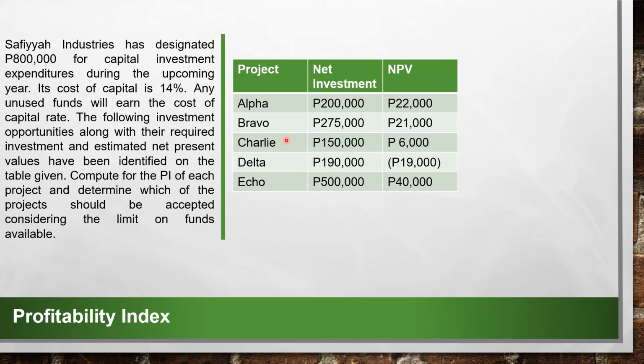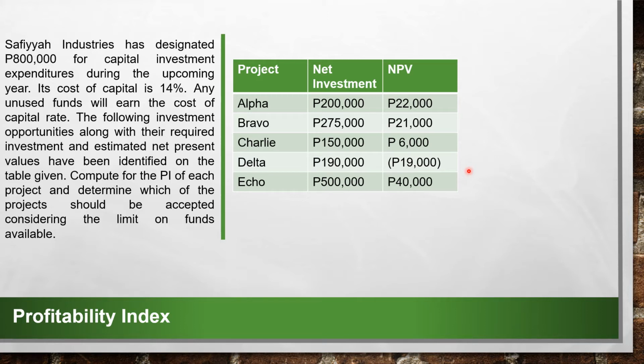So let's say Bravo, we have net present value of 21,000 plus the net cost of investment 275,000, and that will give us present value of cash inflows of 296,000, and so on and so forth. If this is a negative, you have to deduct this. Okay, so negative 19,000 plus 190,000, so you'll get 171,000 PVCI, present value of cash inflows.